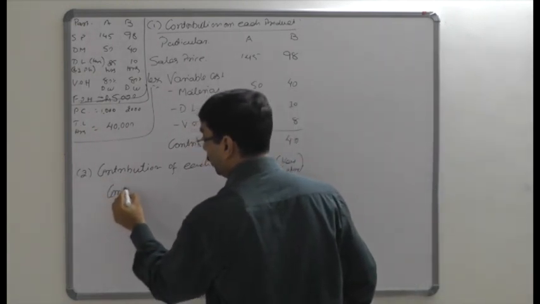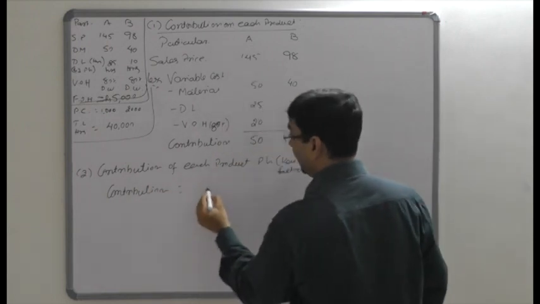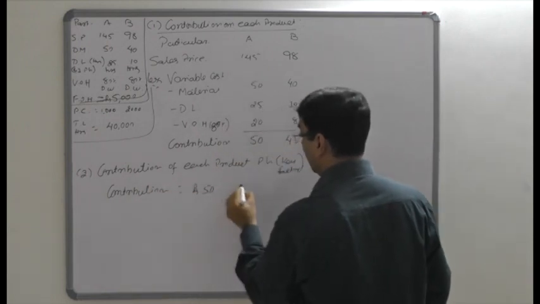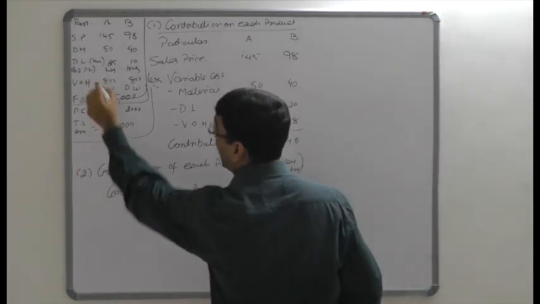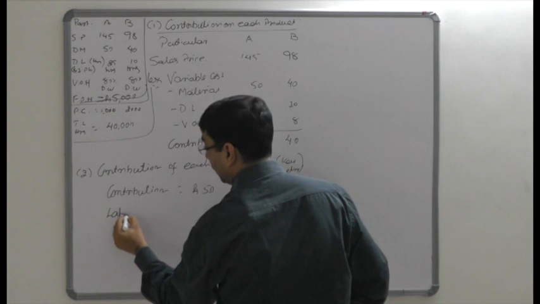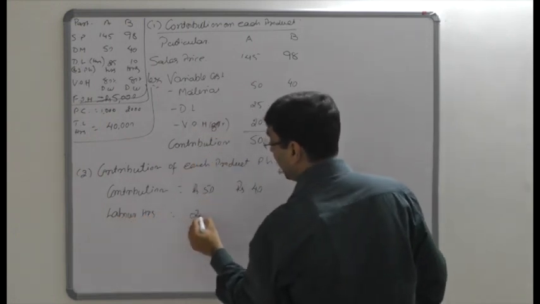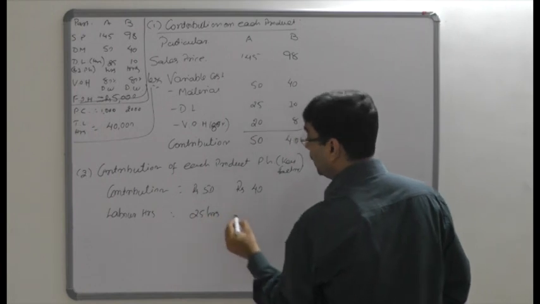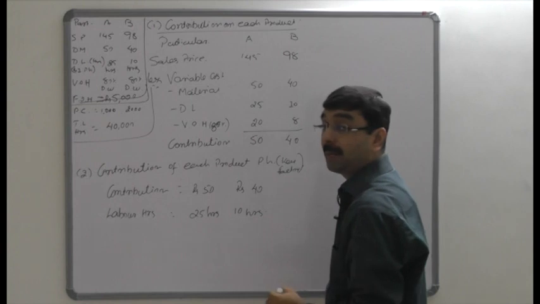See here, the contribution of product A is 50 rupees and B is 40 rupees. Correct? Then the labor hours for each product, for A is 25 hours and for B is 10 hours. Now we will divide the contribution by labor hours.